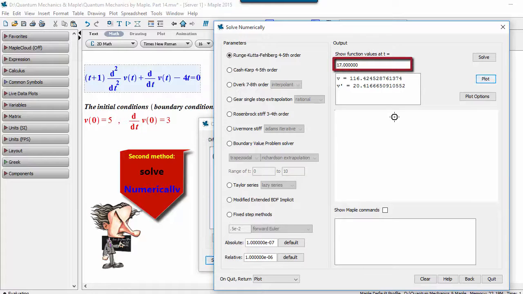If t equals 17, then the function value v and its derivative v prime are.